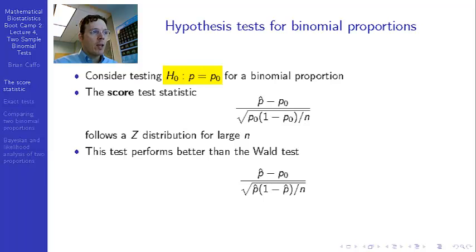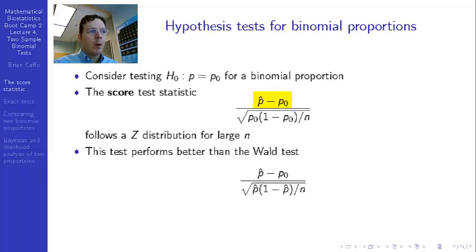So we want to test H naught: P equals P naught, and our obvious estimate of P is P hat, the sample proportion of side effects. Our obvious metric of the discrepancy between P hat and P naught would be the difference, or maybe we could do a log ratio or something like that. But for right now, let's do the difference.